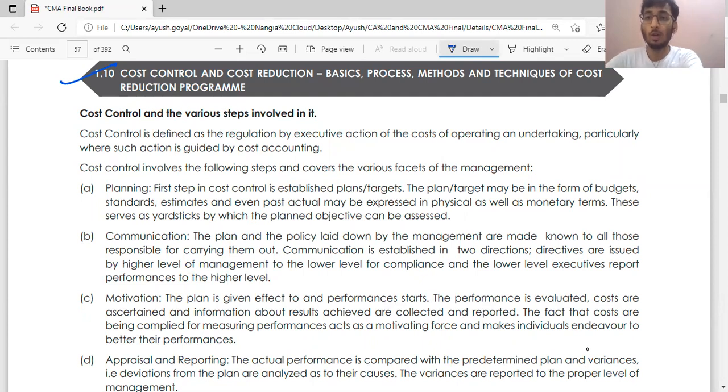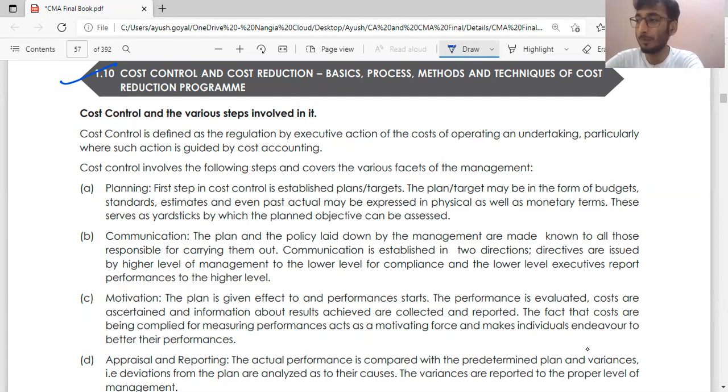Now, what is the meaning of control? Control is a way to divert or dilute the cost as and when we want, so that the cost stays in that bucket, in that bracket only.